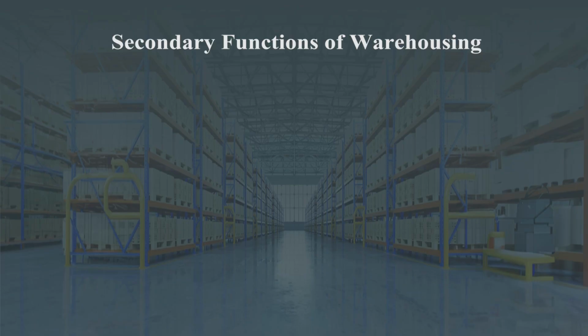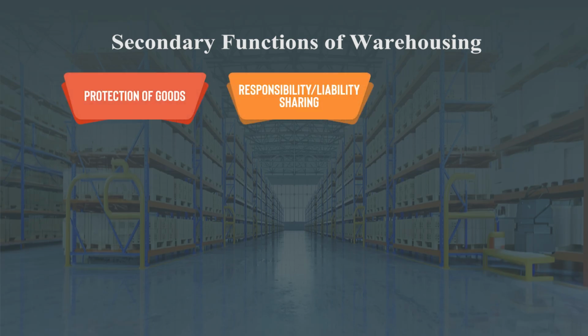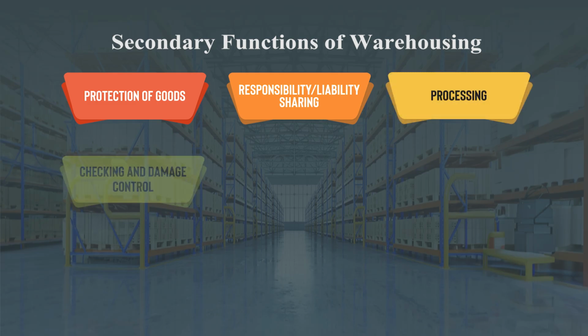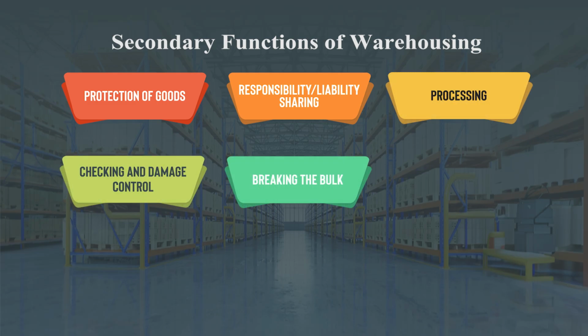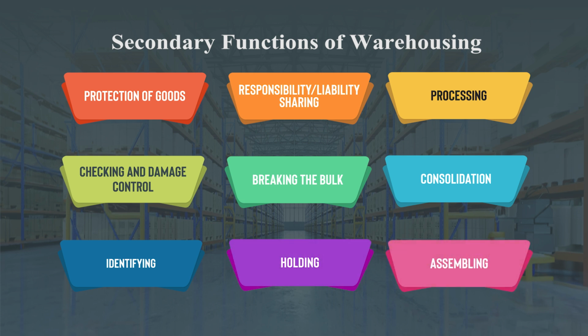Secondary functions of warehousing: protection of goods, responsibility or liability sharing, processing, checking and damage control, breaking the bulk, consolidation, identifying, holding, assembling. Now, let us understand the functions of warehouse with these important points.